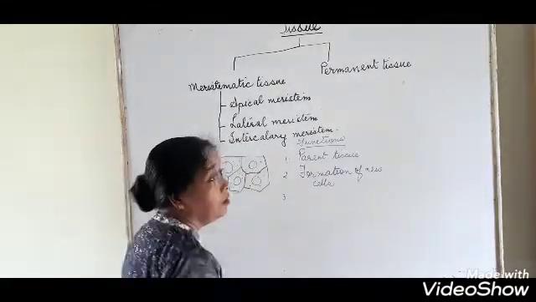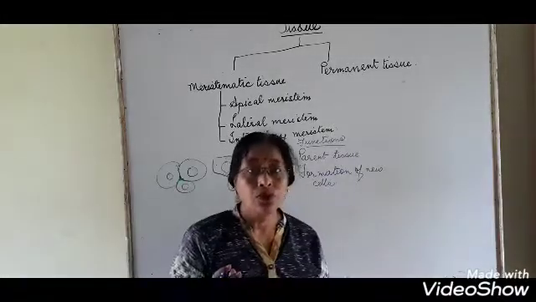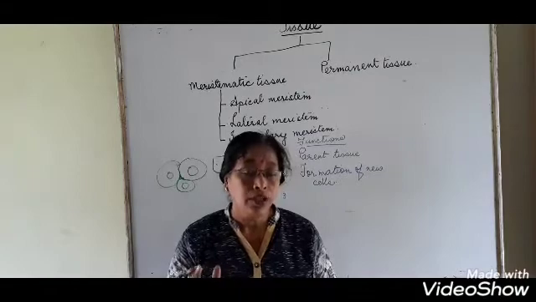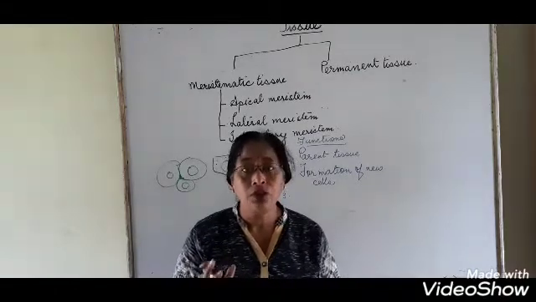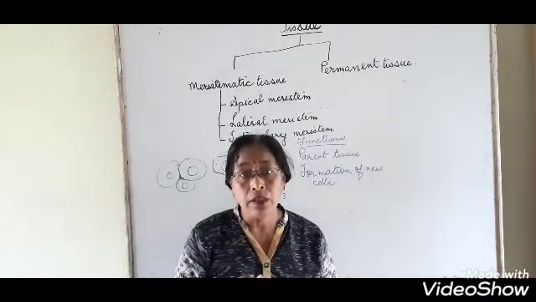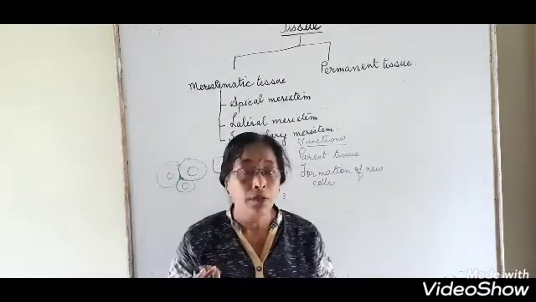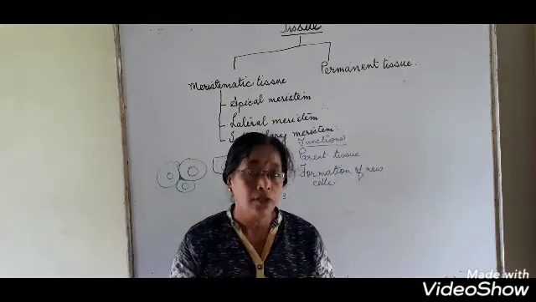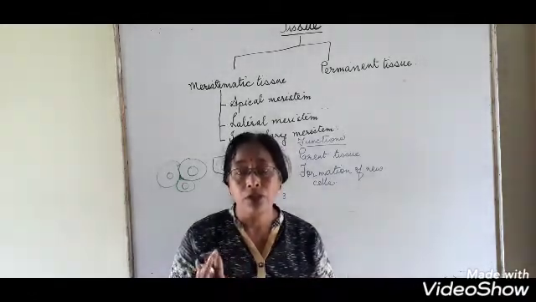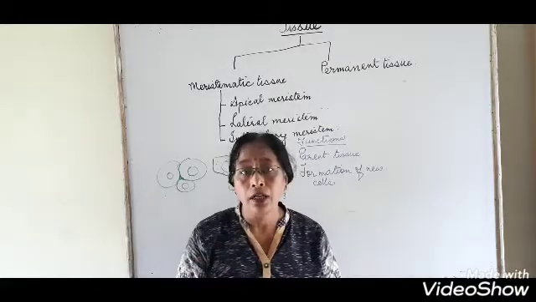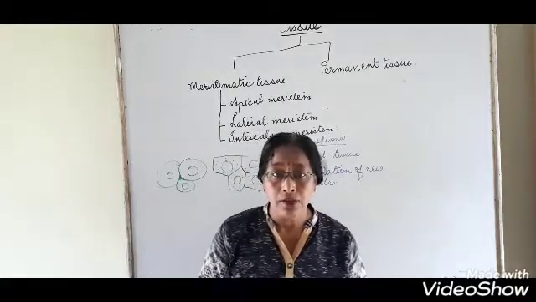Third function, meristematic tissues help in healing of the damaged or injured tissues by replacing them. Some of the injured tissues are healed by the meristematic tissues, and some of the damaged or injured cells are replaced by the meristematic cells.